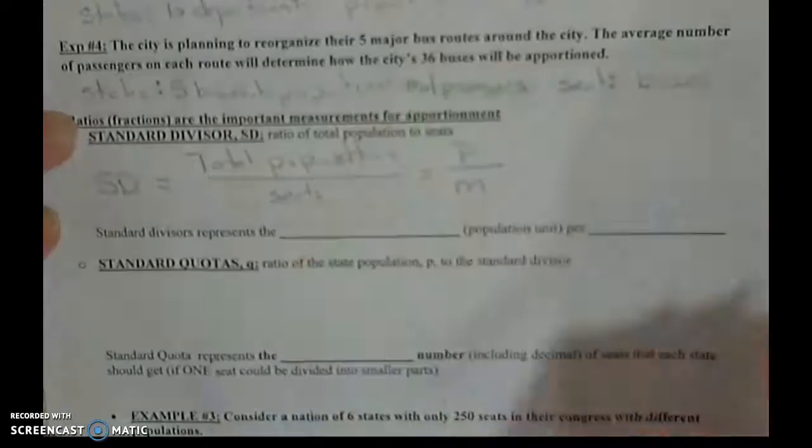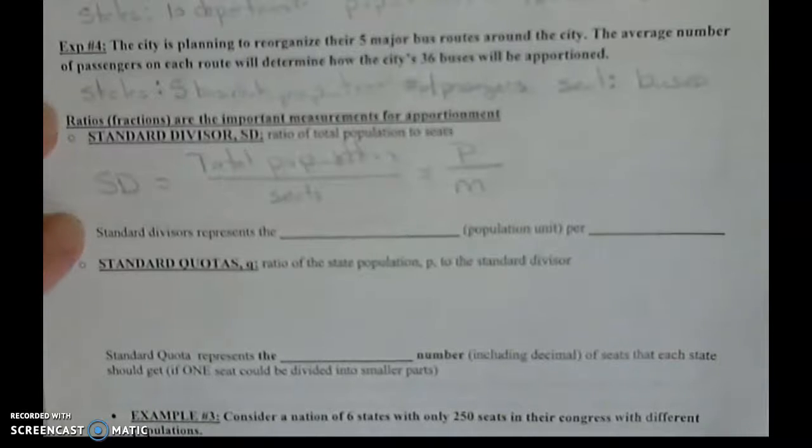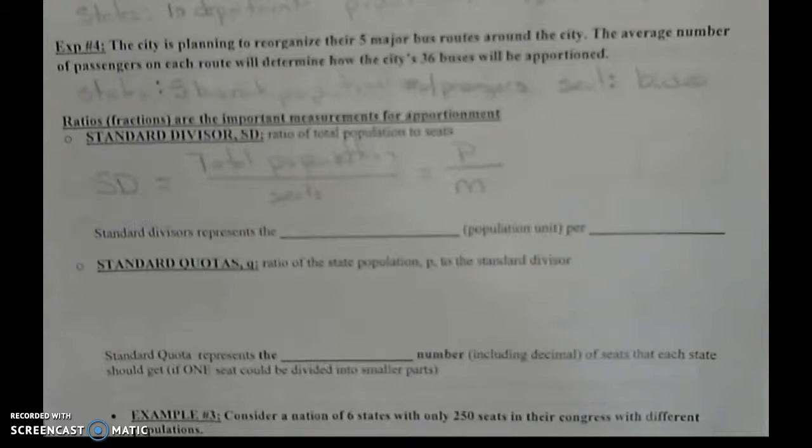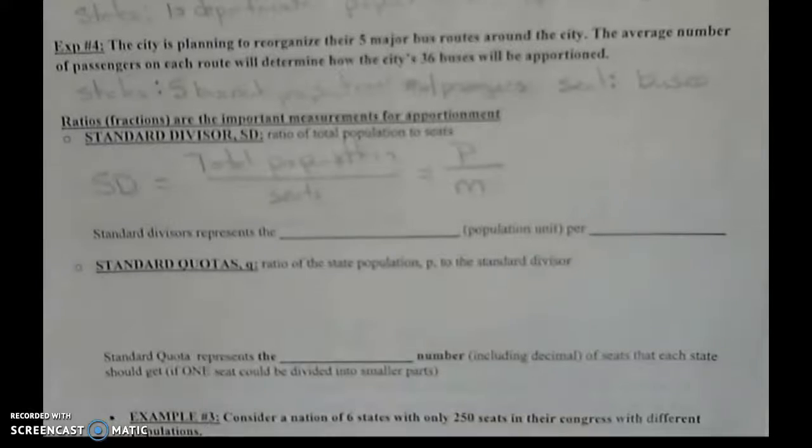So population over seats, and they're using the letter M for seats. That is how we find our standard divisor. And then the standard divisor represents the number of people per one seat.